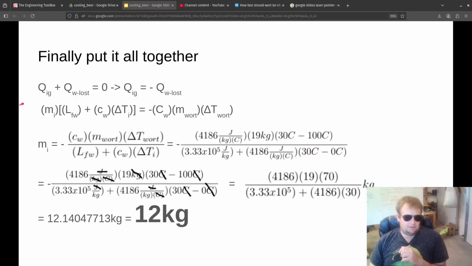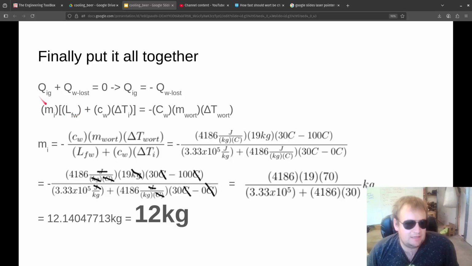So we're going to put it all together. The heat the ice has gained plus the heat the wort has lost is equal to 0 because it's an isolated system. Now, that means we can rearrange this to be QIG equals negative Q wort lost, the heat the wort lost. And then we substitute our previous equations that we found in the other slides.